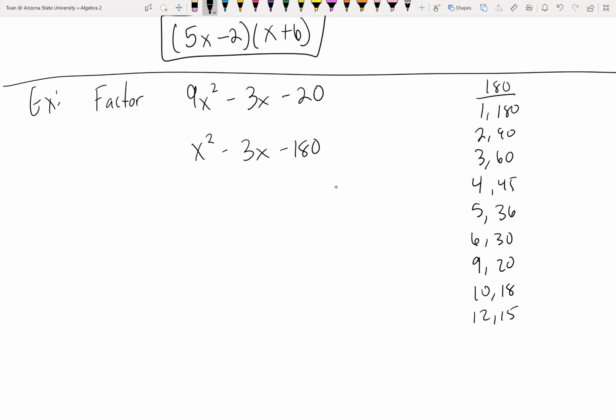What about 13? 13 doesn't work. 14 doesn't work. And we're back to 15. So that's the entire list.